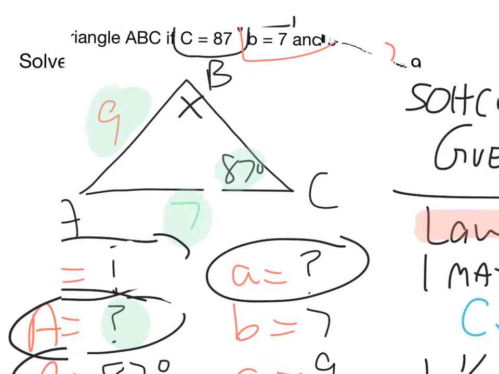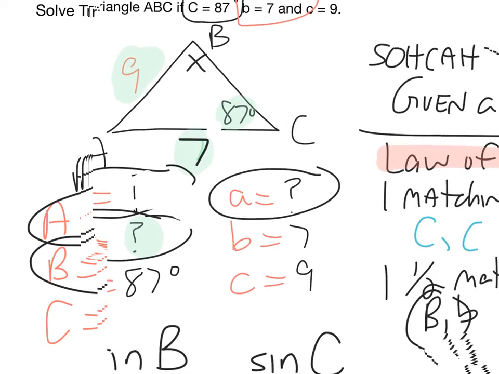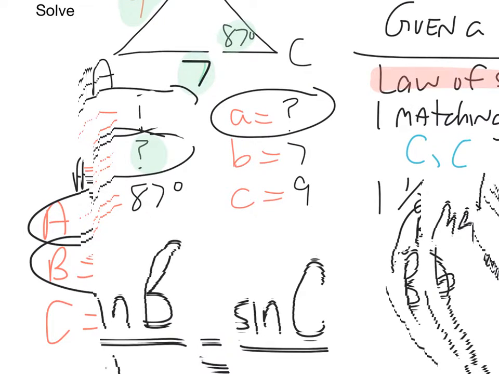Now we're going to substitute in. We're going to have the sine of angle B over side B, which we were told is 7. That equals the sine of angle C, the sine of 87 degrees, over little c, which is 9. And the way we go about solving using the law of sines is we cross multiply.